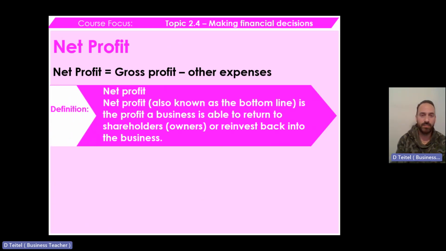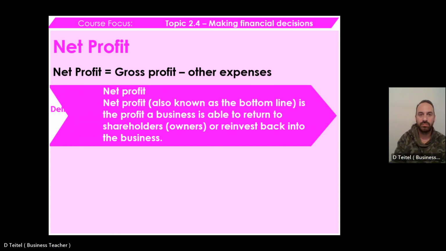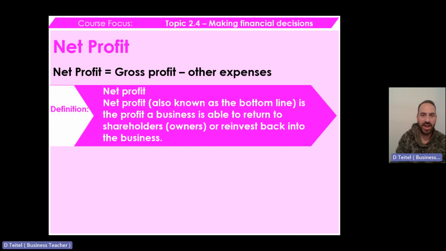For gross profit, it might be more useful if you're looking at particular sales of goods. You might be looking at the different stocks that you have to work out which of your products that you sell you make the most gross profit on. So you can actually look at individual items, whereas your net profit is generally your overall business performance.